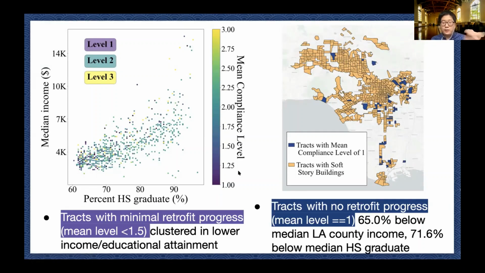The geographical distribution is also shown on the right, and the tracts with no retrofit having begun at all, which is a mean level of exactly 1, are highlighted in blue. One thing worth noting is that 65% of these blue tracts had a median income lower than the LA County average.